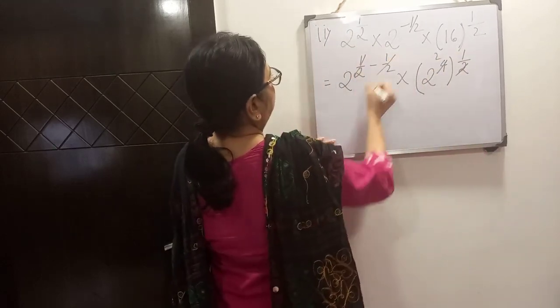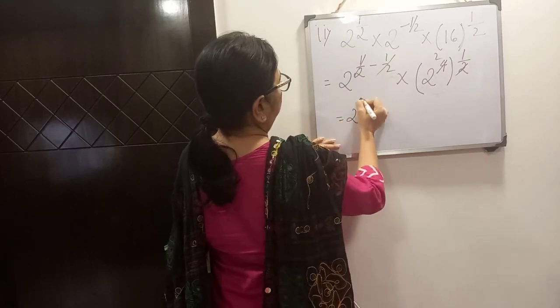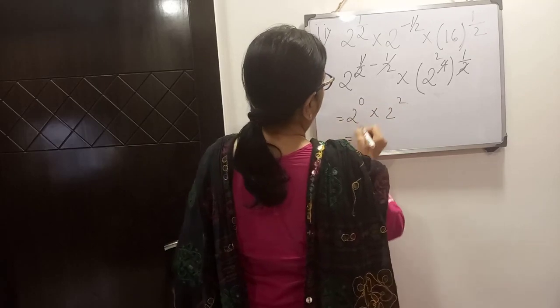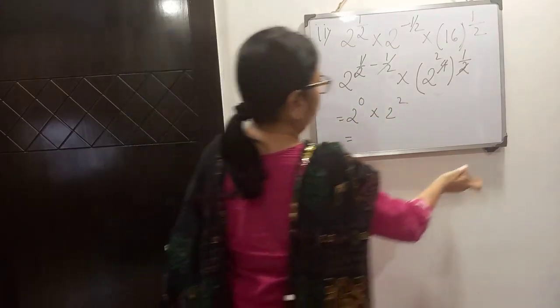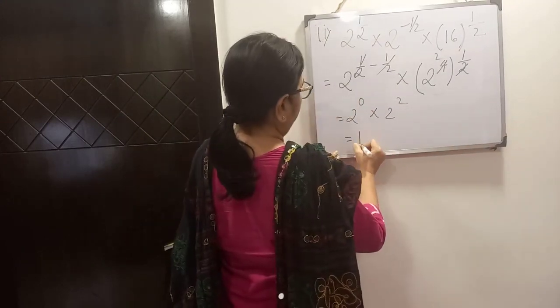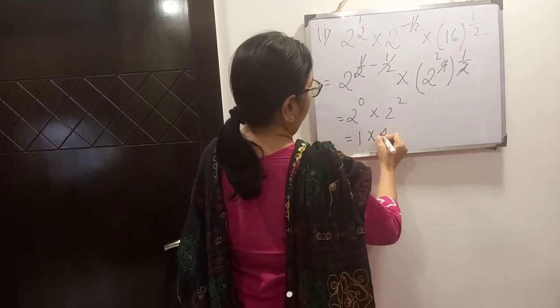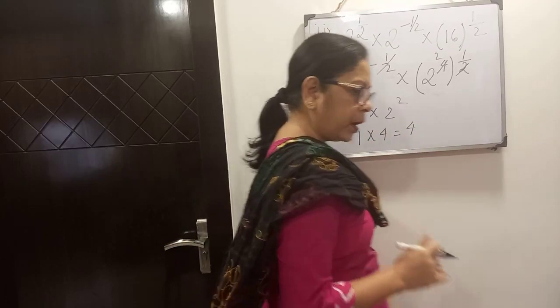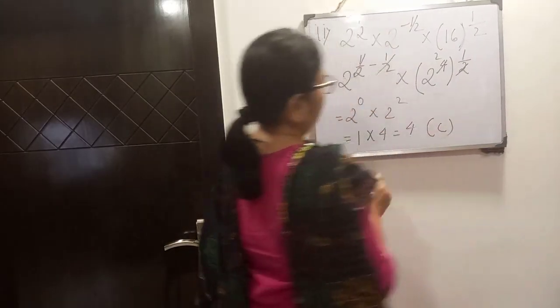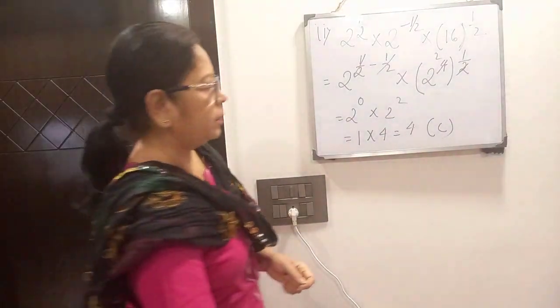And here it is 2 to the power 0 into 2 square. You know any finite quantity to the power 0, its value is 1. So its value is coming 1, and this is 4. So your correct option is C. C is the correct option. Clear?